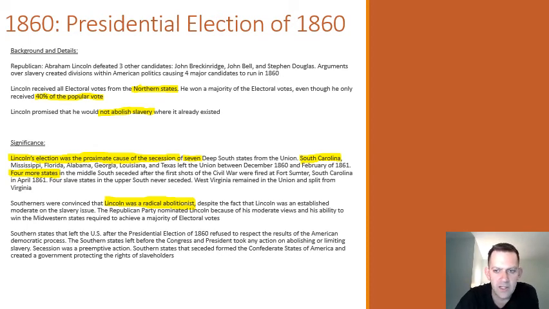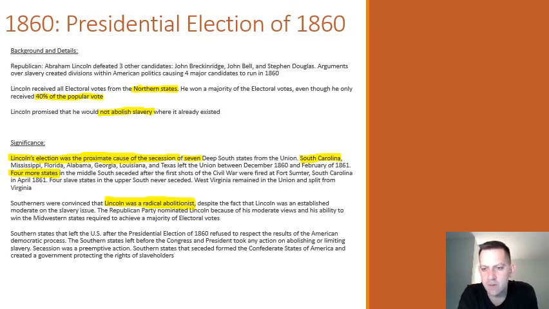So, in 1860, the American public voted. And according to the rules of America, Abraham Lincoln won the presidency. The South was unable to accept the fact that Abraham Lincoln was their president.